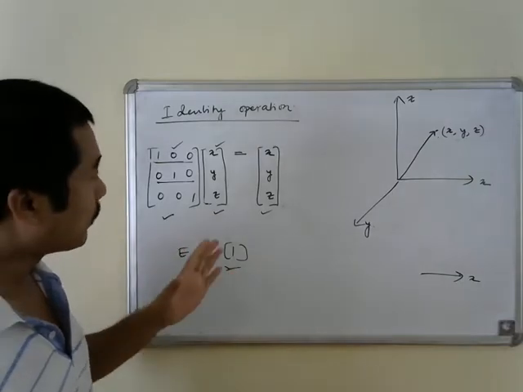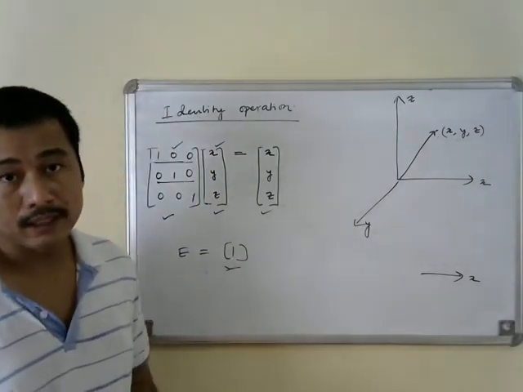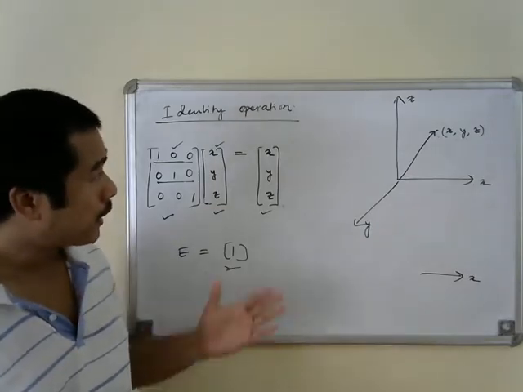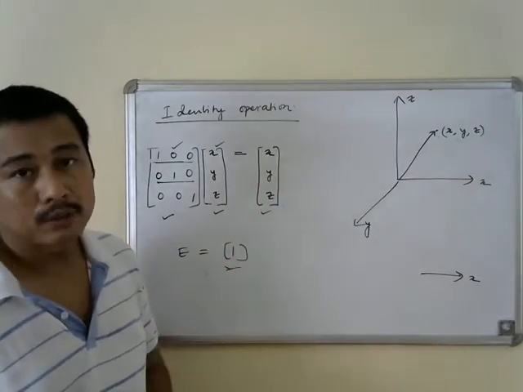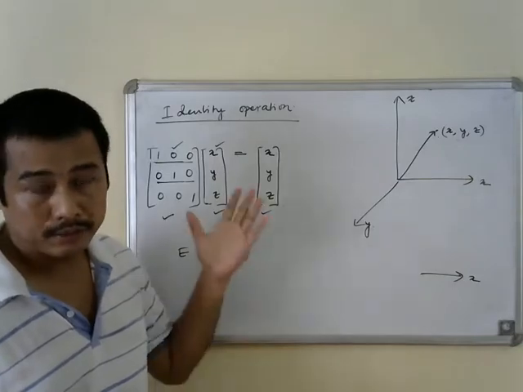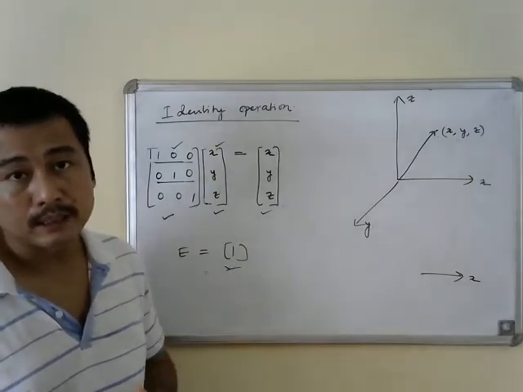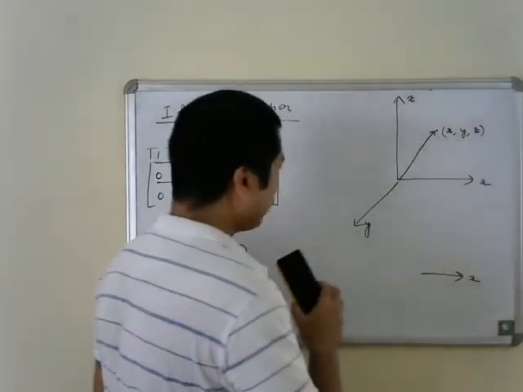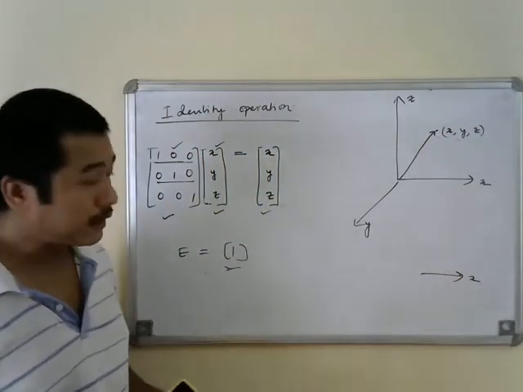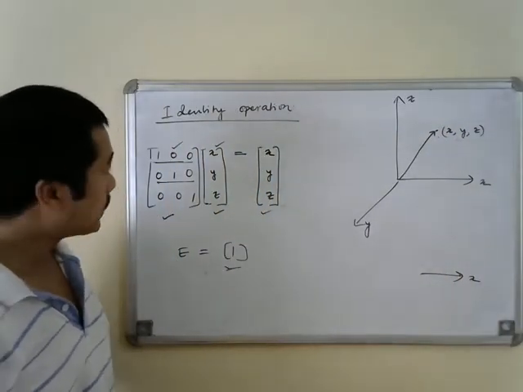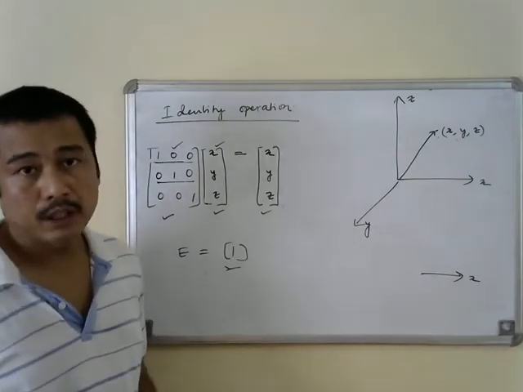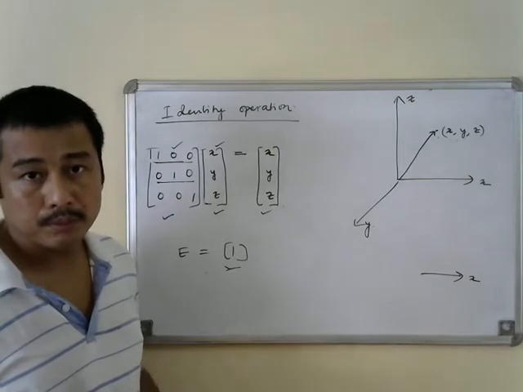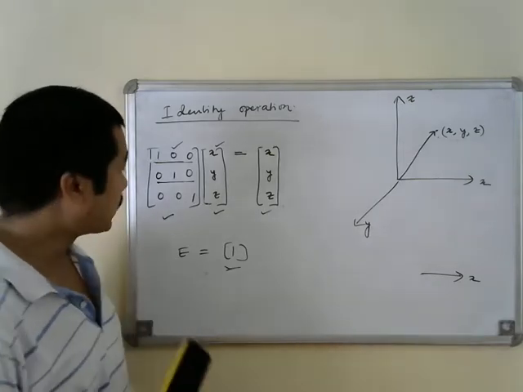So what we have learned over here is that the dimension of the matrix essentially will depend on the dimension of our basis or reference coordinate system. When we take the three-dimensional Cartesian coordinate system as the basis, the three-dimensional unit matrix is the matrix representation for the identity operation.